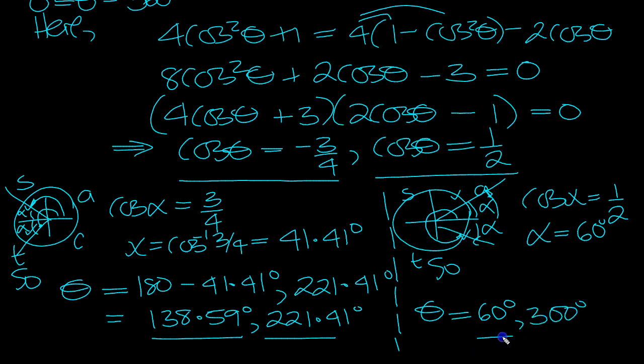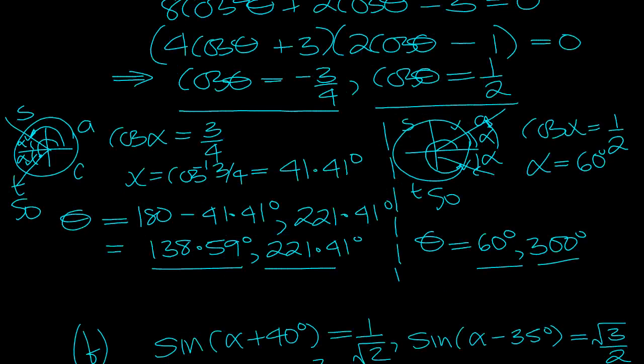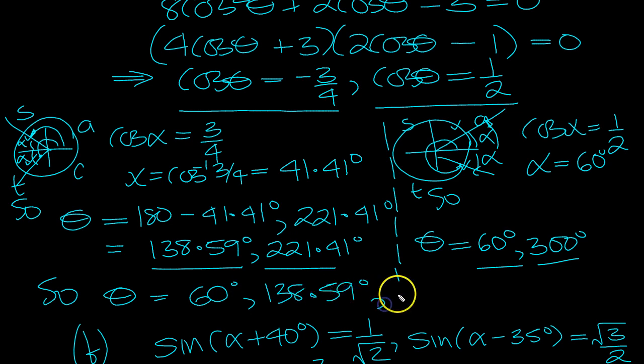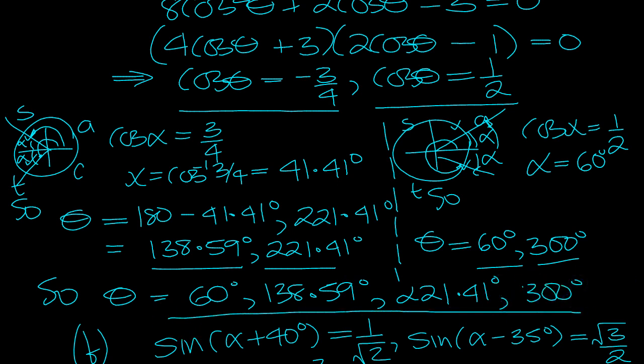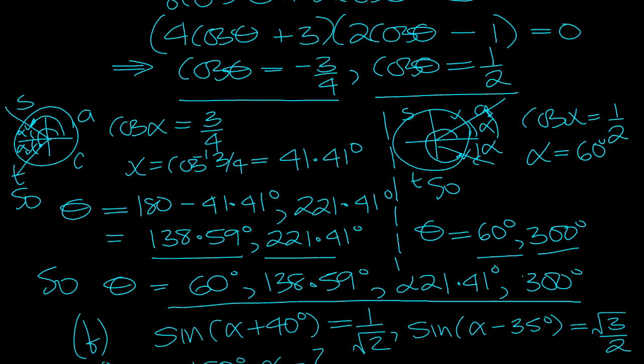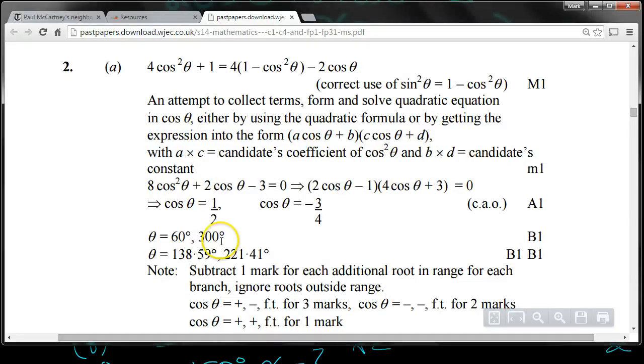That's 300 degrees. So in summary then, our solutions, theta is equal to 60 degrees, 138.59, 221.41, or 300 degrees in the range. Okay, let's just check the solution then. 138.59, 60, 300, and 221.41, so that looks good.